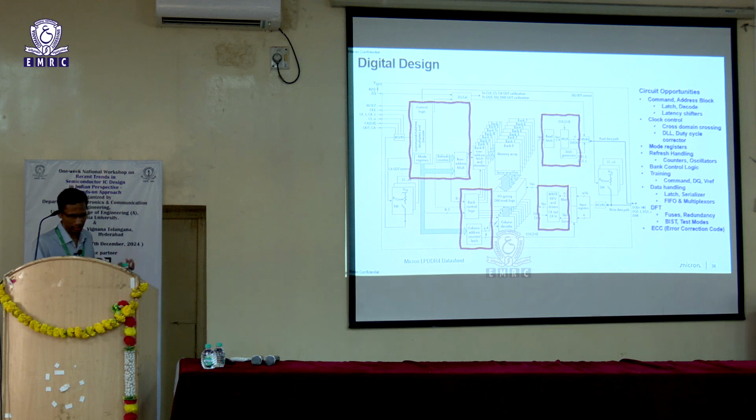The way it does is it will put the command information and also the address information onto these CS and CA pins. So you need to have an address latching mechanism and some control logic that goes along with it, which can eventually translate whatever has been captured into a proper row address and a column address. So all that needs a lot of digital circuitry.